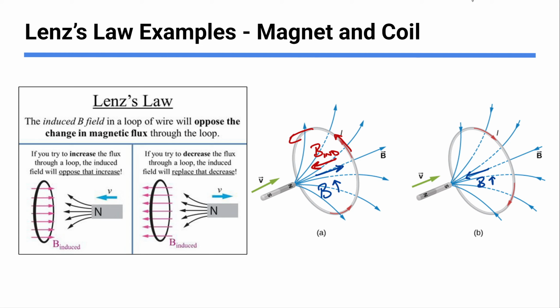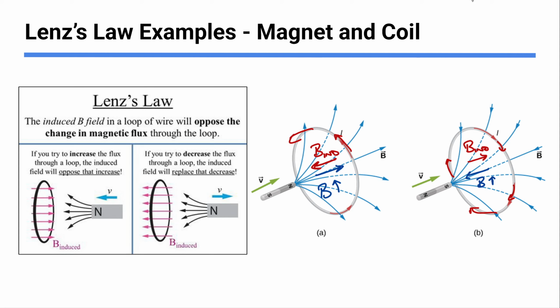So I've got a leftwards magnetic field getting stronger. How would you oppose that change? Well, you would create a magnetic field to the right. So you would have an induced magnetic field to the right, which would give you current flowing this way according to our right-hand rule. All right, so there you go.